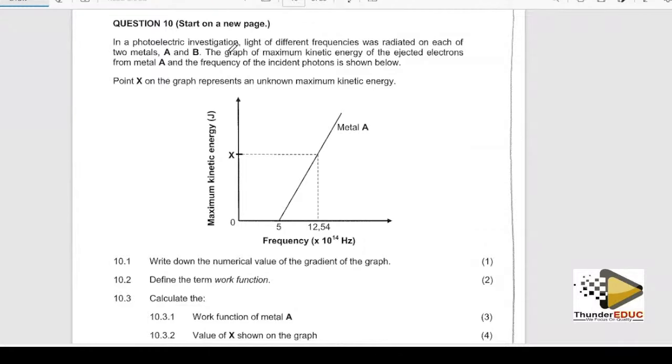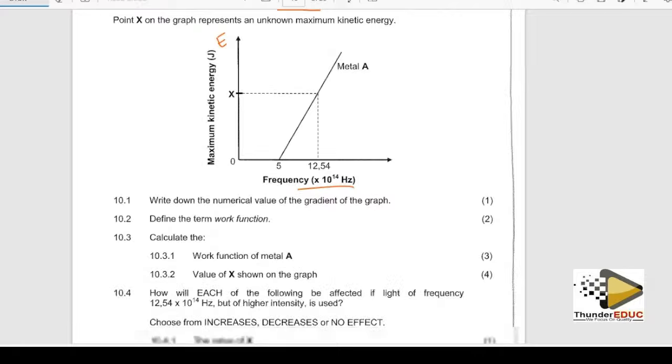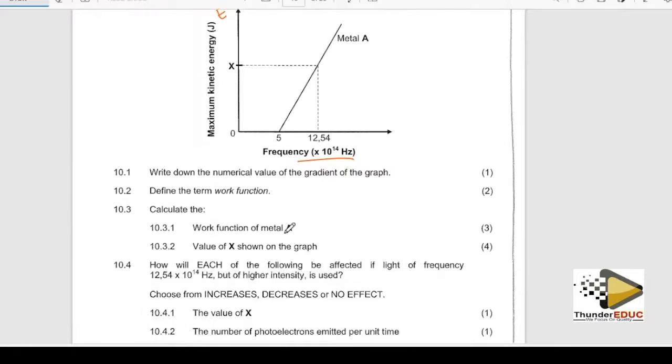In an investigation of photoelectric effect, light of different frequencies was radiated on each of two metals, A and B. Then the graph of maximum kinetic energy of the ejected electrons and the frequency of the incident photons is shown. 10.1, they want us to write down the numerical value of the gradient of the graph. It's a 1-mark question, which means it's kind of direct.